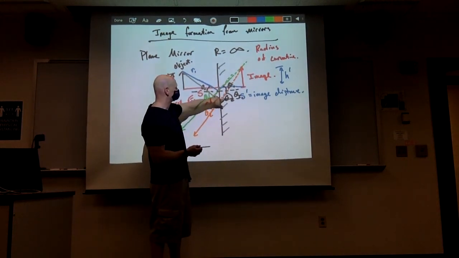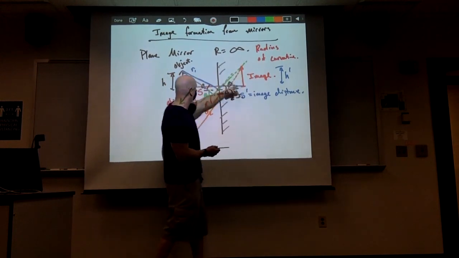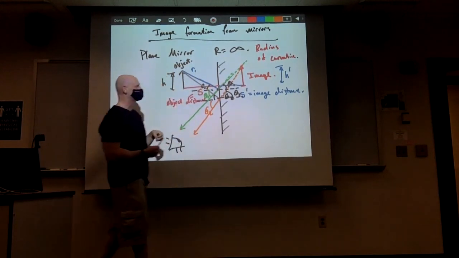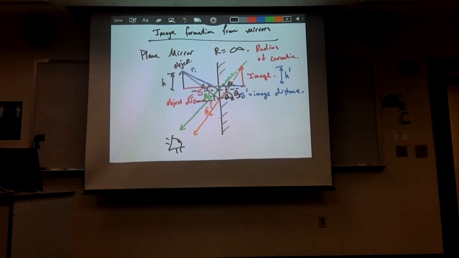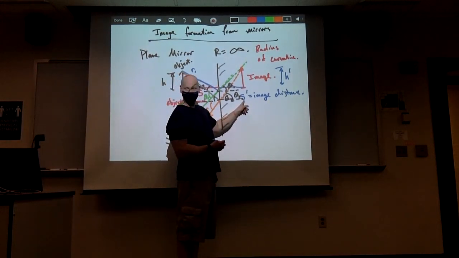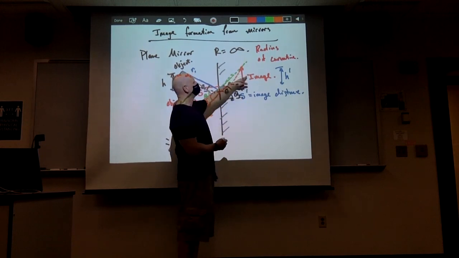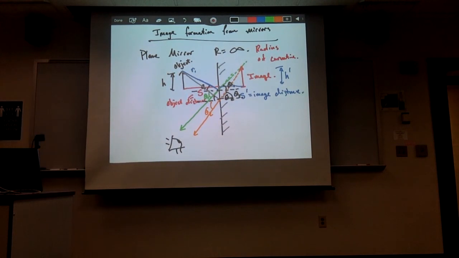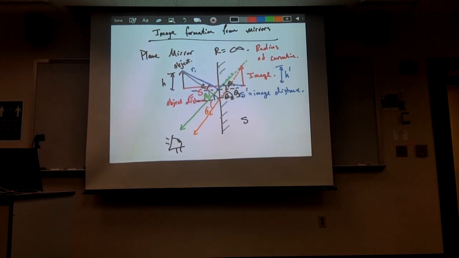This means that this triangle and this triangle are exactly the same as the corresponding triangles on the other side, which should convince us that the distance S and the distance S prime are exactly the same, and the distances H and H prime are also exactly the same. So for plane mirrors, the object distance S equals negative S prime, which is our image distance, and the height H is simply equal to H prime.